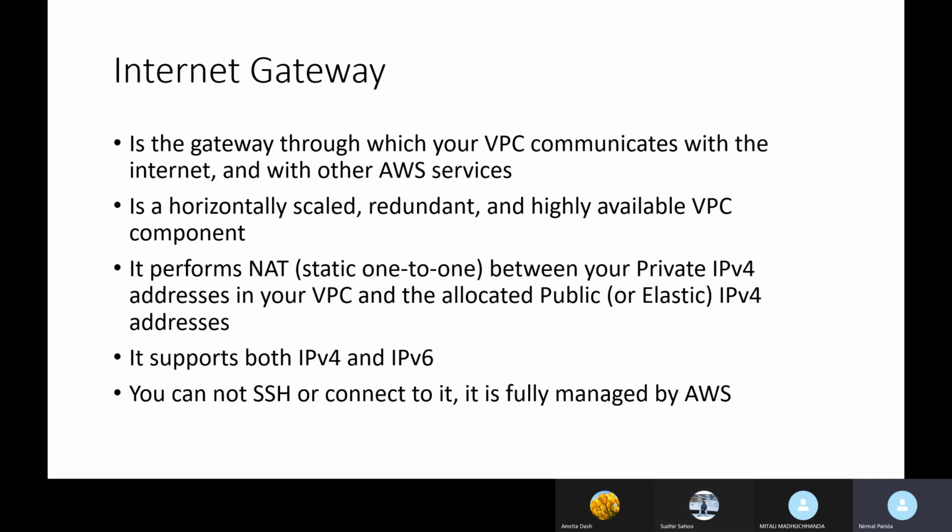It performs static one-to-one NAT between your IPv4 address in your VPC and the allocated public or elastic IPv4 addresses. It supports both IPv4 and IPv6. You cannot SSH or connect to it. It is fully managed by AWS.